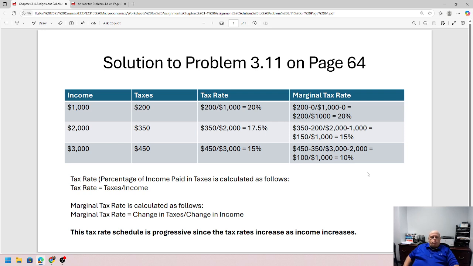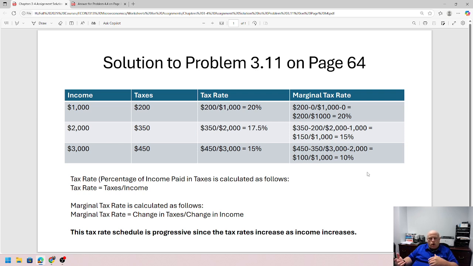Now on problem 3.11 on page 64, it basically gave you some income values and some taxes associated with those incomes, and it wanted you to calculate the tax rate for each of those and also the marginal tax rate.